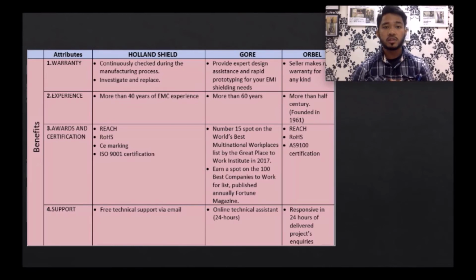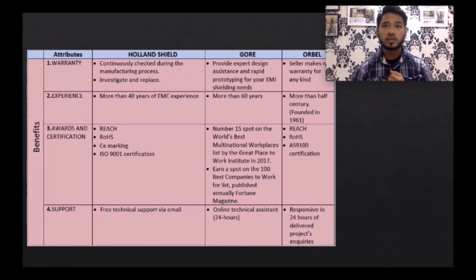For the third attribute is the achievement of the company. For Holland shield company, they have attained REACH, which is certified registration, evaluation, authorization and restriction of chemicals. They also attained ROHS, which is in industry term known as certified registration of hygienist, and CE marking and ISO 19001 certification, which is the international standard that specifies the requirement for quality management system.